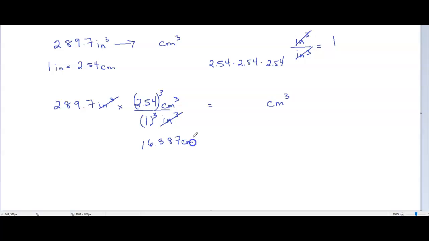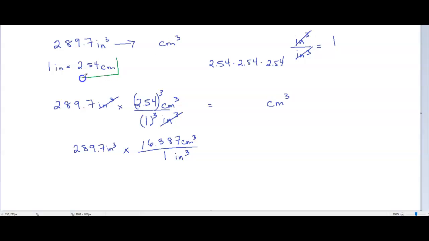That centimeters cubed has to stay on top. And 1 to the power of 3 is 1 times 1 times 1. So that's going to be 1 inch cubed. And then I'll just bring this number down, 289.7 inches cubed. So that's really important.